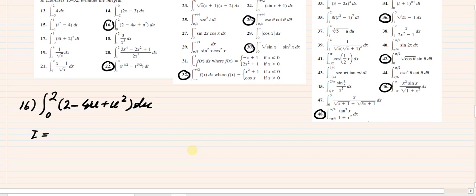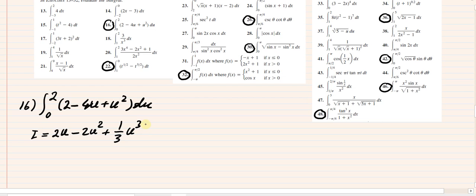With definite, we have limits of integration, and we no longer have a constant of integration. That's why they're definite. We get a definite antiderivative. Integrating every term of this polynomial term-wise gives 2u minus 4u squared over 2, that's 2u squared, plus 1/3 u cubed.